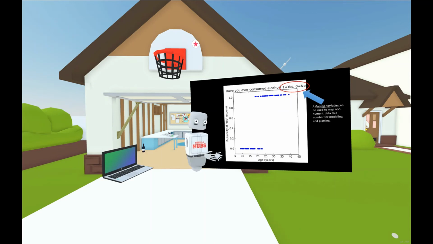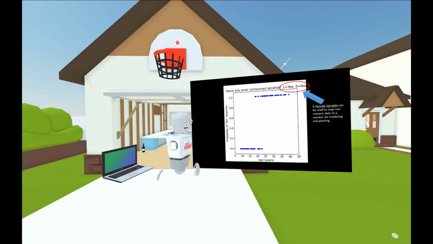So even though an individual can't have a 50% yes or no, a population can have a 50% probability of having answered yes or no. When we model a set of data like this, we're not trying to describe whether a single person has said yes or no to a question. We're trying to describe the probability that a person in the population has said yes or no to the question. A portion of the population will have answered one way and a portion would have answered the other.